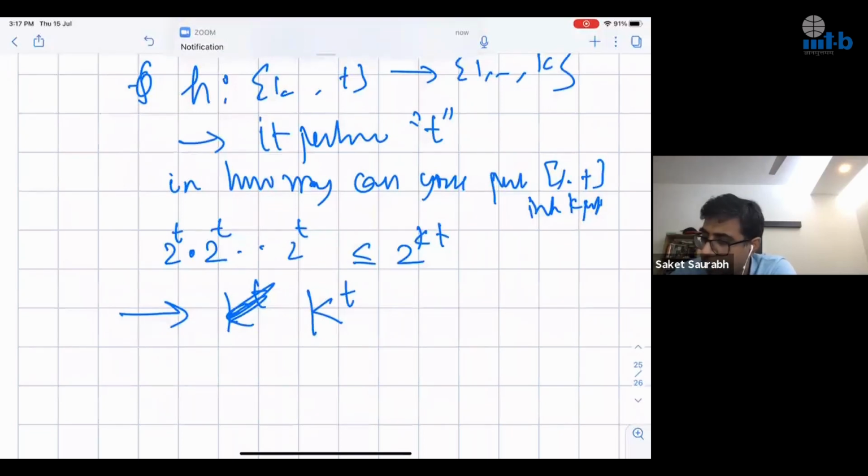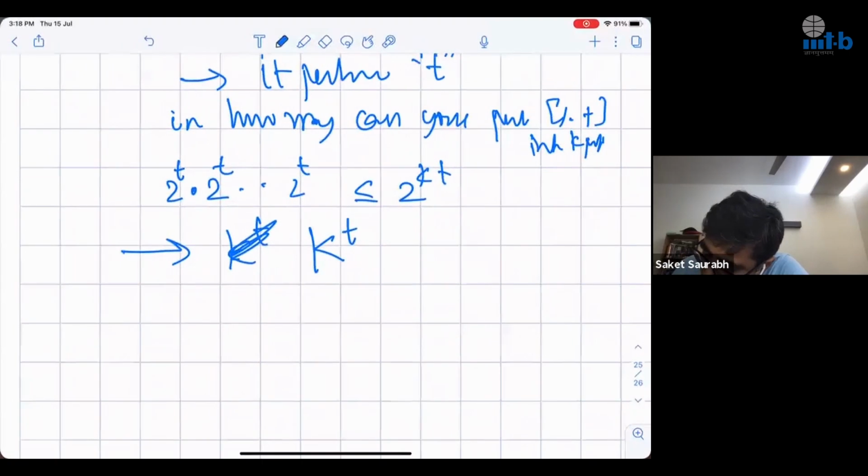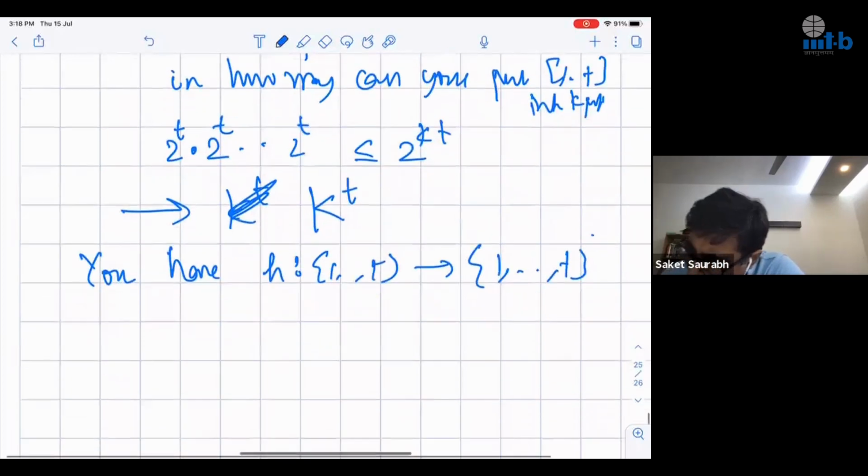Okay. So I guess this also partition. So suppose you have H from 1 to k to 1 to t. Okay. So I ask myself, okay, fine. Okay, 1 to k.